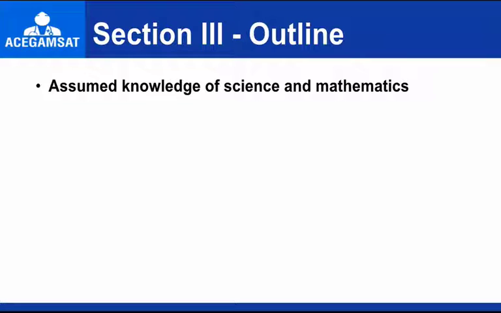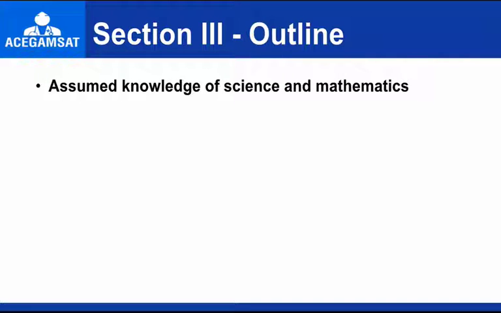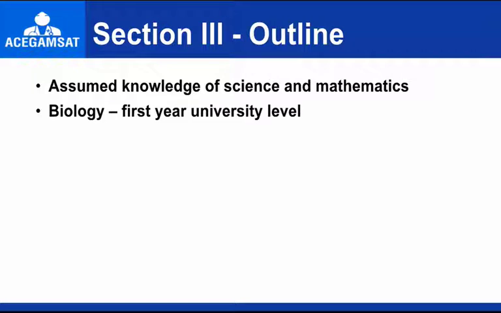Section 3, outline. There is an assumed level of knowledge of science and mathematics for the GAMSAT. For biology, the assumed knowledge is first year university level.